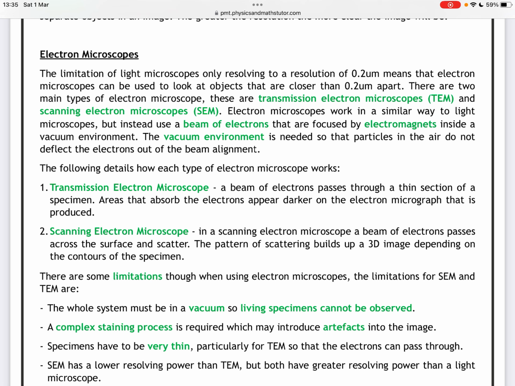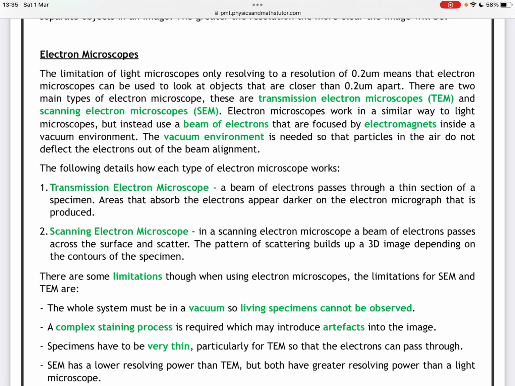The electron microscope works in a similar way to the light microscope, but instead uses a beam of electrons that are focused by electromagnets inside a vacuum environment. Highlight vacuum environment. The vacuum environment is needed so that particles in the air do not deflect the electrons out of the beam alignment. We highlight it again because it's going to have a negative aspect, a con. The following details how each type of electron microscope works.